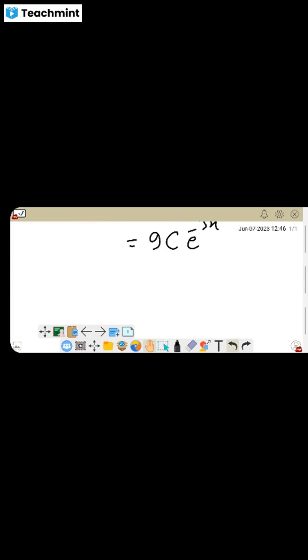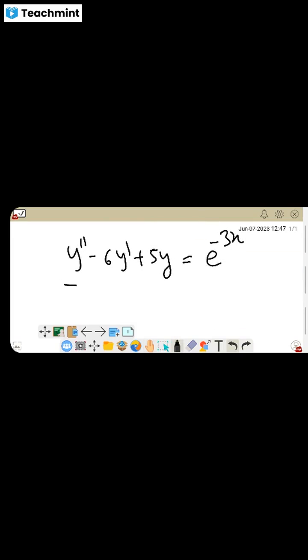So the equation is y double dash minus 6y dash plus 5y. For PI we take the right side as given, e to the power minus 3x, and now put all these values.